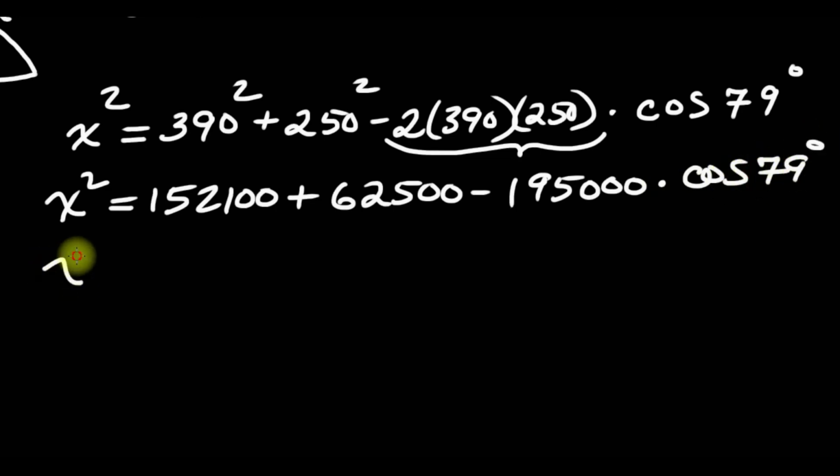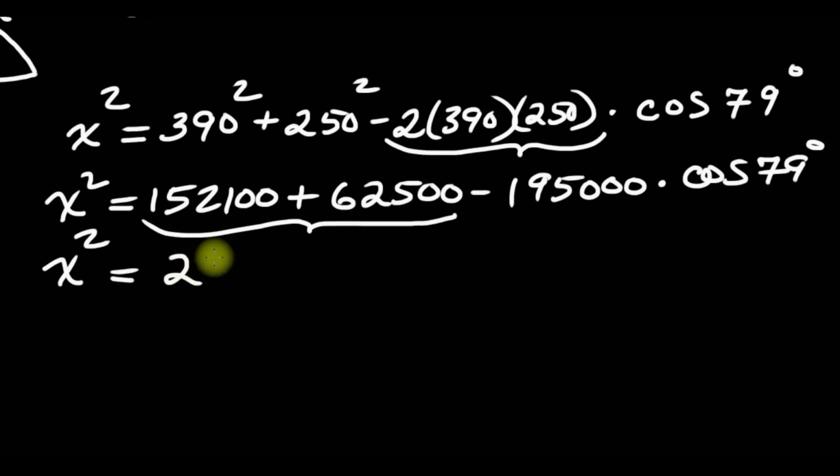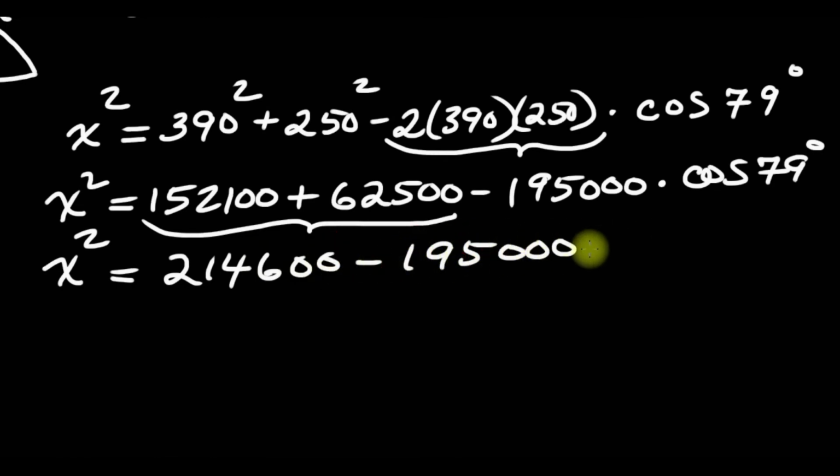Okay, and then x squared, and then we have to add these two numbers, and that is going to give us 214,600 minus 19,500 times cosine 79 degrees.